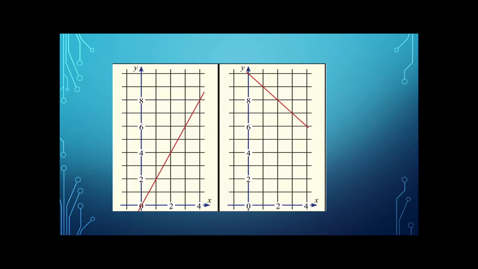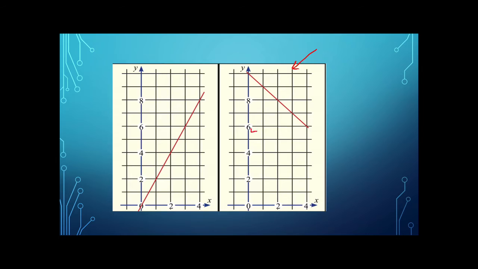Okay, doing the same thing again, but I'm going to do this one first here. Now if you notice, the line, when you look from left to right, is now appearing to go down. And how can we distinguish that from a line that appears to be going upwards? We do that with a negative sign.